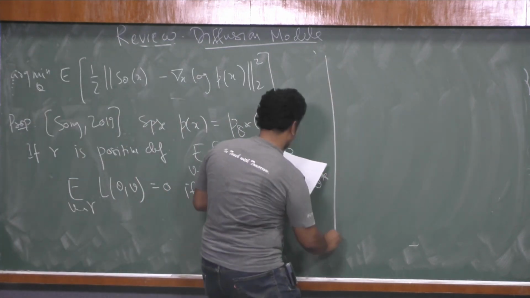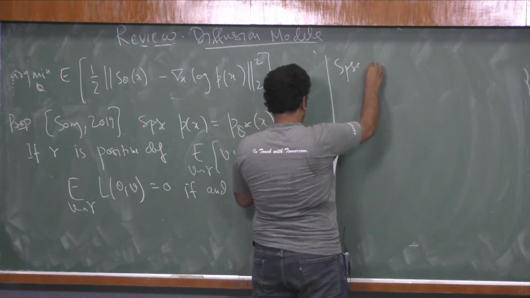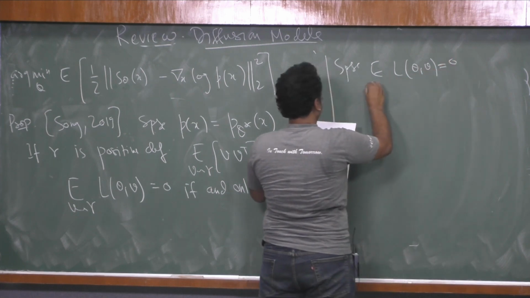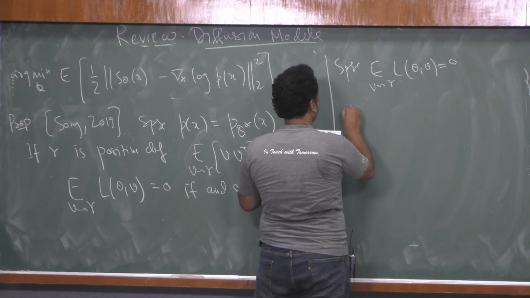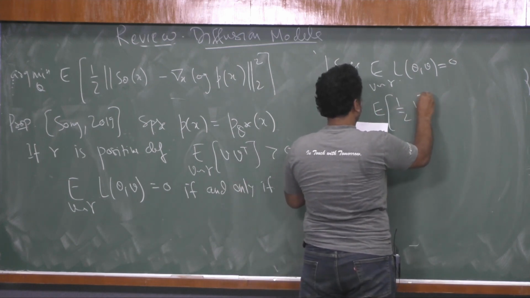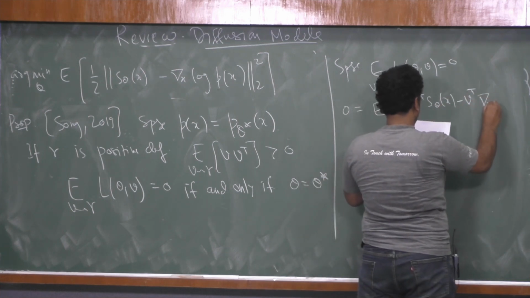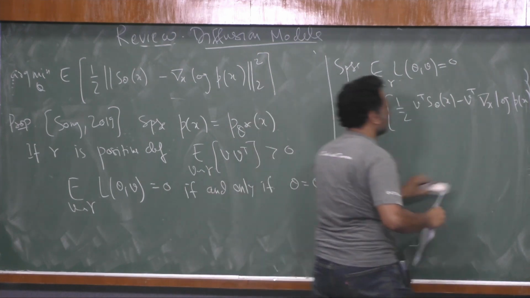So assume that the expectation of L(theta, v) is 0, with v from R. Then we have 0 equals the expectation of, we put that objective here, (v transpose s_theta(x) minus v transpose grad_x log p(x)), and then the square of that.